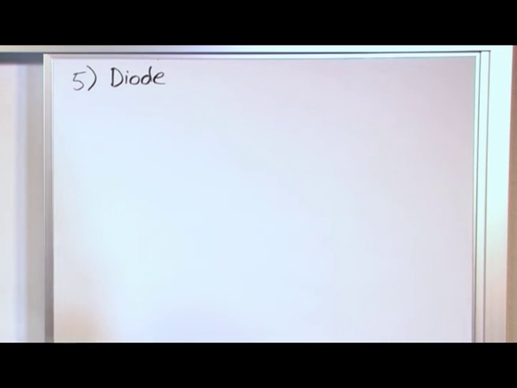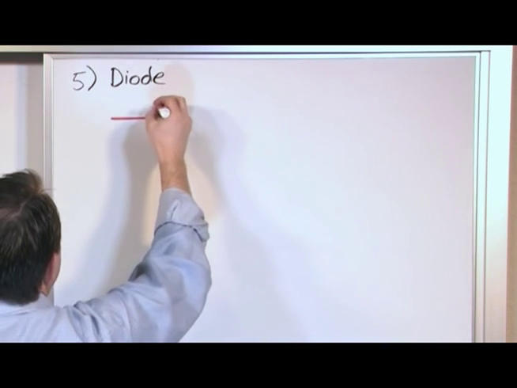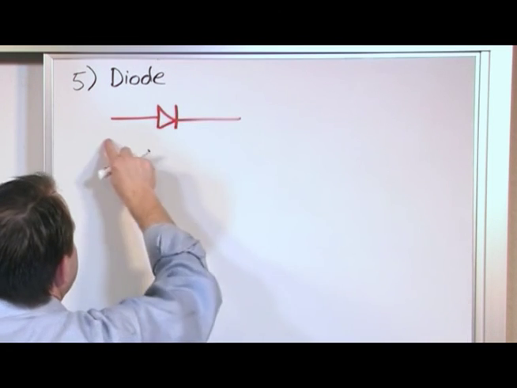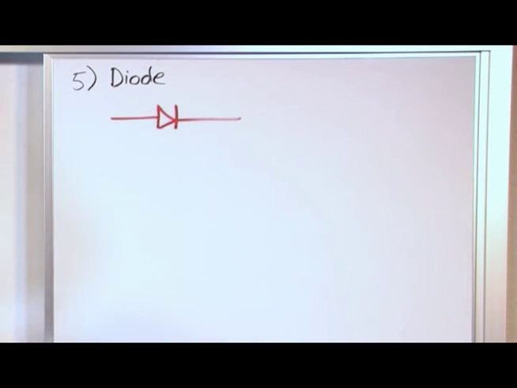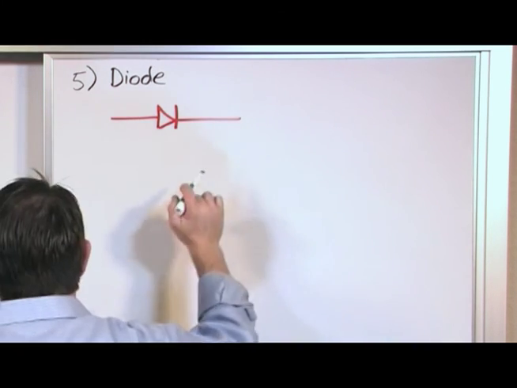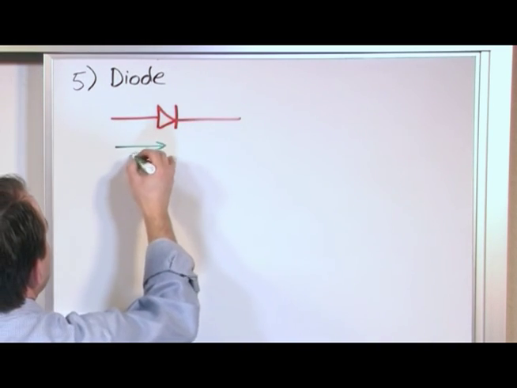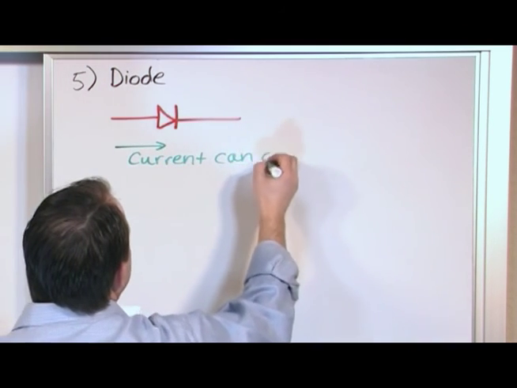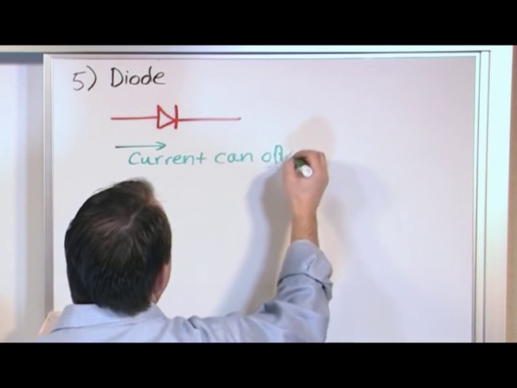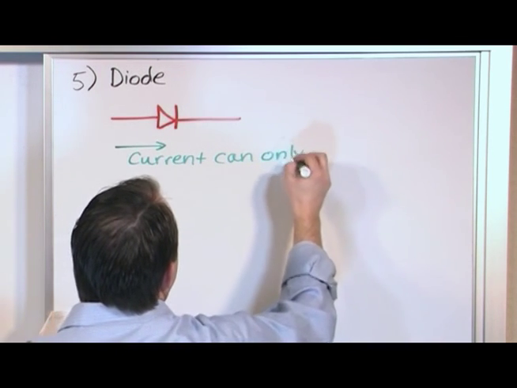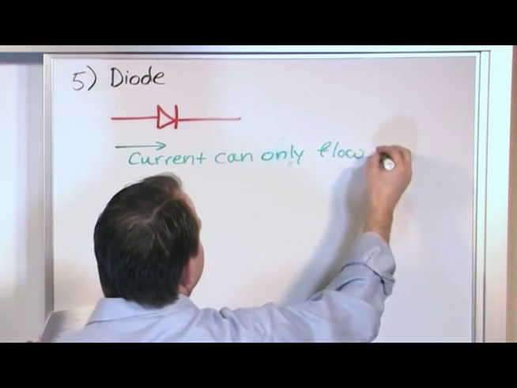Now a diode, the symbol for it looks like this. You've got a triangle with a line on the end of the triangle like this. It would look just like this in an electric circuit. Now, when you see it drawn like this, what this means is current can only flow this way.